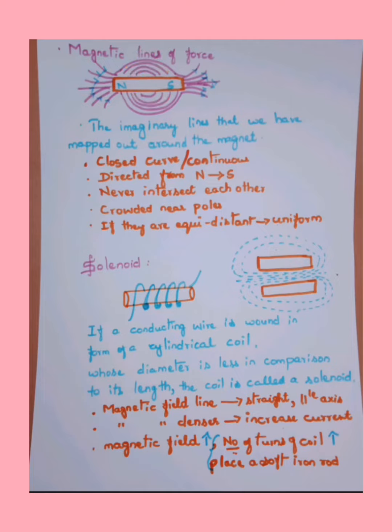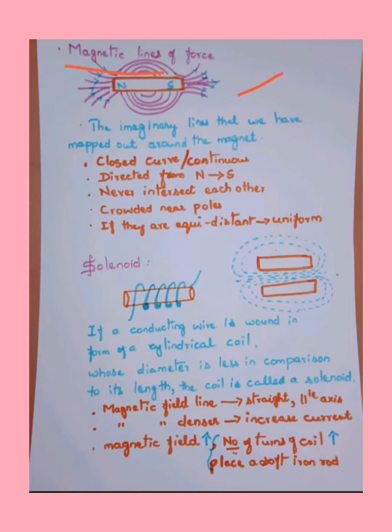You can refer to the textbooks for this experiment, and that experiment will not be asked in the exams, I hope so. But the properties will be asked, so better revise these properties mainly. And if you want to go more in detail, please check out the experiment on how to draw the magnetic lines of forces.